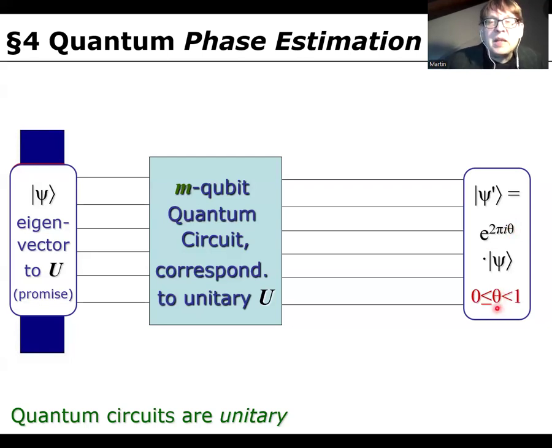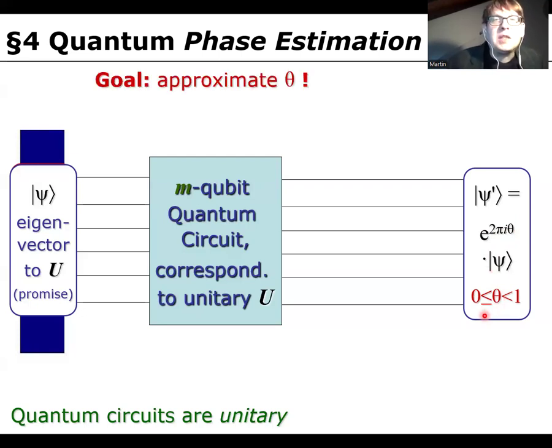So this phase is a real number between 0 and 1, and the goal of phase estimation is to determine that, or at least to approximate it up to some guaranteed absolute error. This is the quantum phase estimation problem.